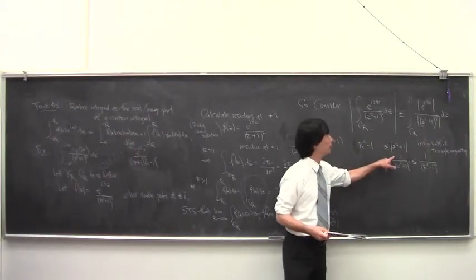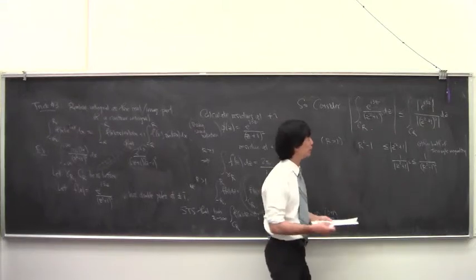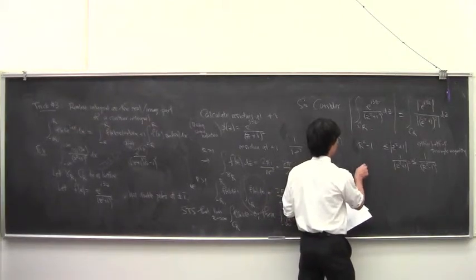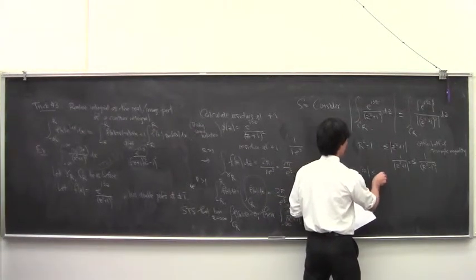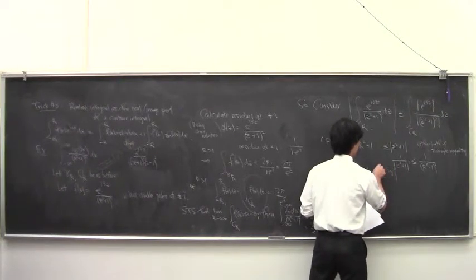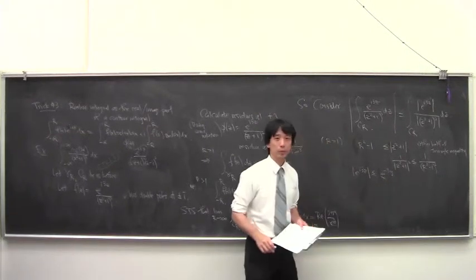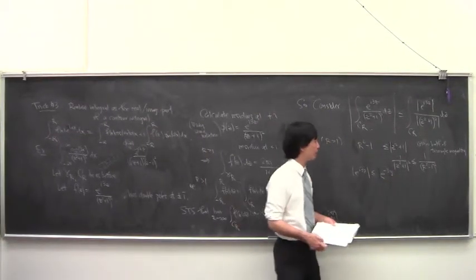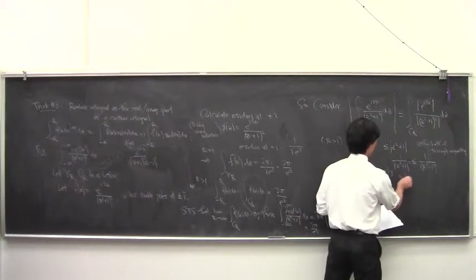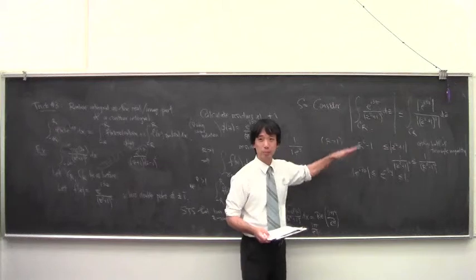That gives us the bound on the denominator, right? And then for the numerator, it's easy. We know that this is smaller than e to the negative 3y, which is a positive number, and we can bound it by 1, because y is bigger than 0.